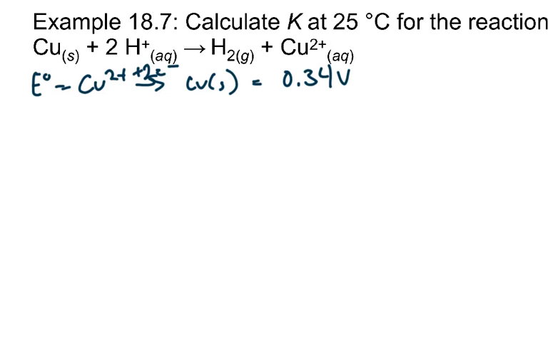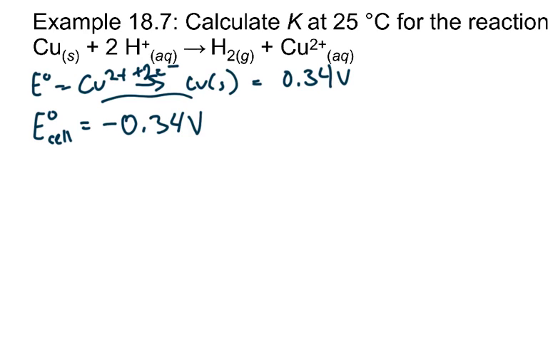So I'm going to reverse that. And then this H plus and H2 is just the standard hydrogen. So my cell potential is going to be negative 0.34 volts because this reaction's reversed, so I changed the sign.